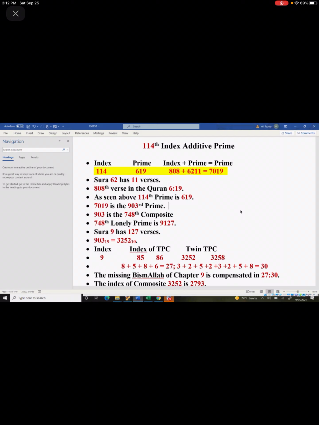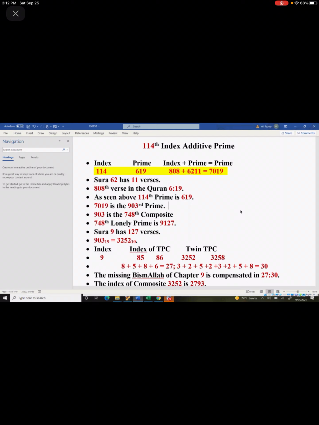As seen above, the 114th prime is 619. 7019 is the 903rd prime, and 903 is the 748th composite, and the 748th lonely prime is 9127. So all of this goes back to the idea that chapter 9 has 127 verses.